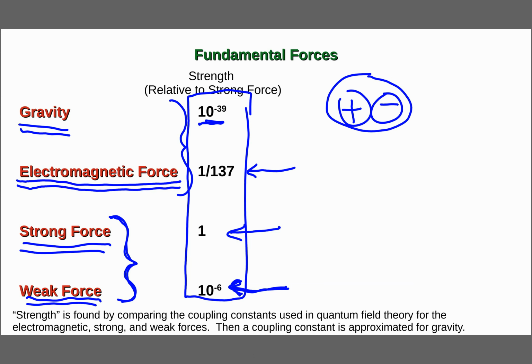When I have my other object over here, this looks neutral to this other object, right? Now that they're far away, this object is about as far away from the plus as it is from the minus. And so together, the effect is that it just doesn't see any electric charge, right?